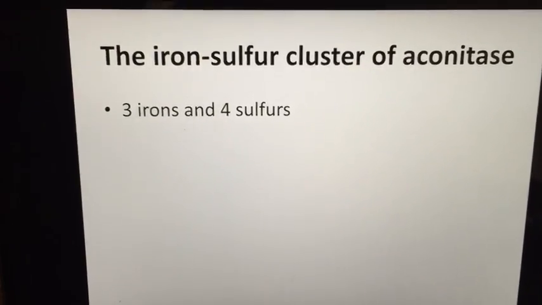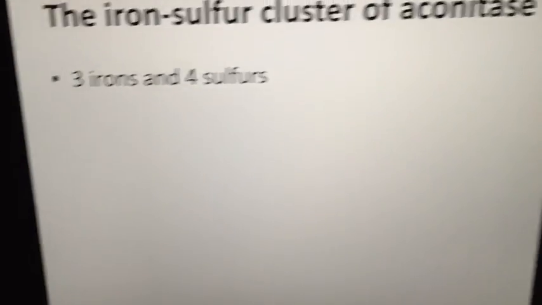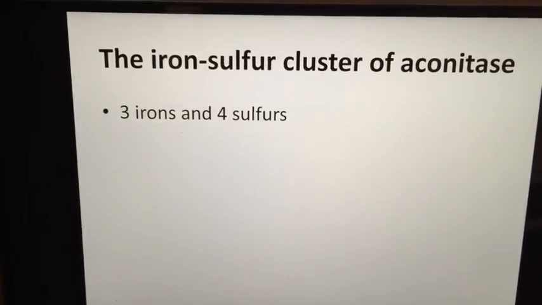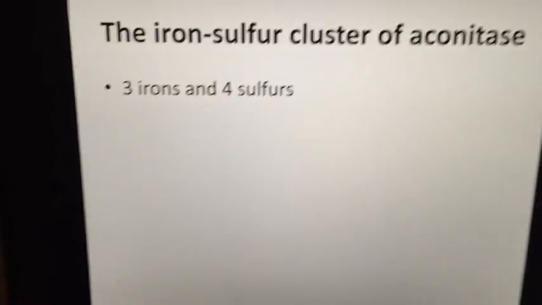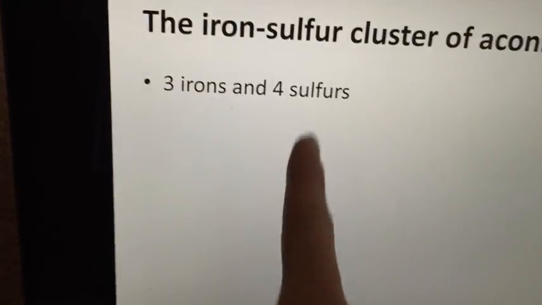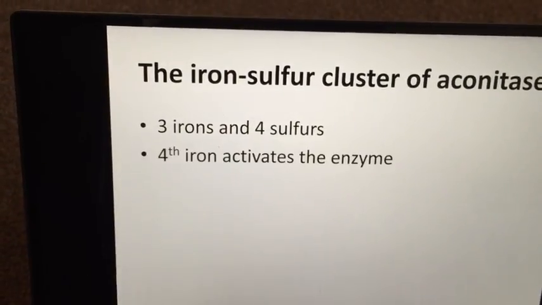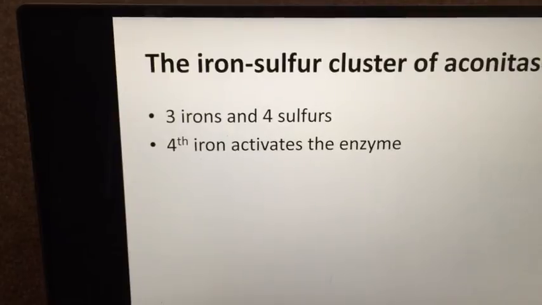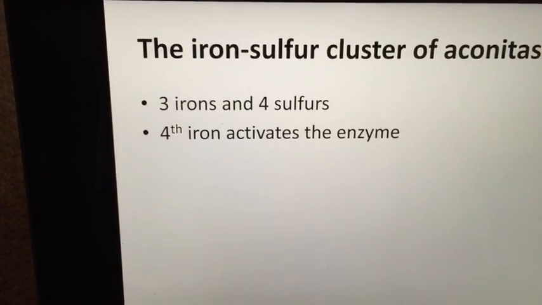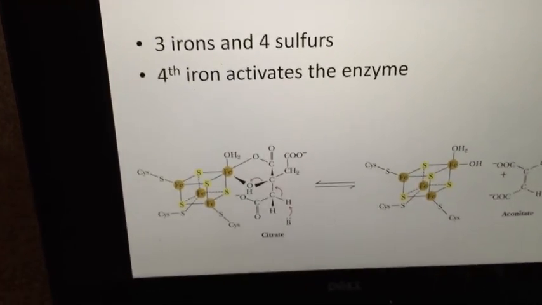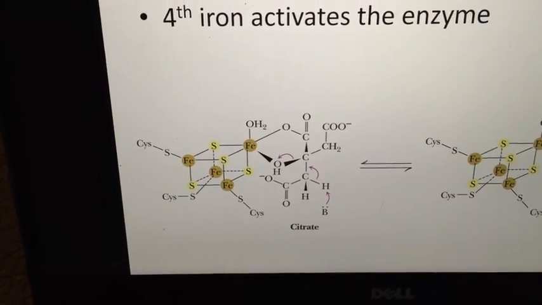So the iron sulfur cluster of aconitase, which amino acid do you think is involved here? If we're talking about sulfurs, it's the amino acid cysteine. So there are 3 irons and 4 sulfurs in the iron sulfur cluster. The sulfurs coming from cysteine. A 4th iron activates the enzyme. So this is what iron sulfur clusters look like.